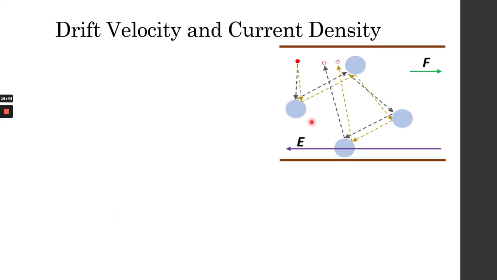So if we added the battery, there would be an electric field, right? And since we are dealing with an electron, that electron, when we apply an electric field, should feel a force opposite the direction of the electric field, simply because it's an electron.